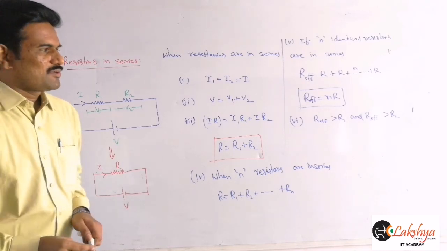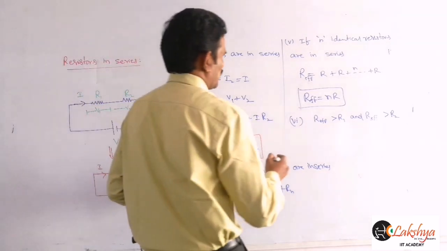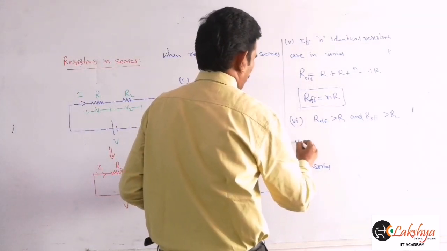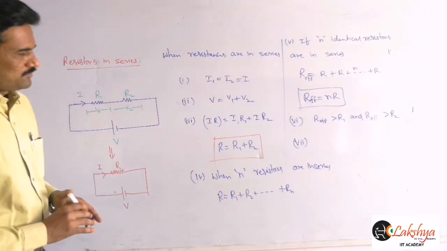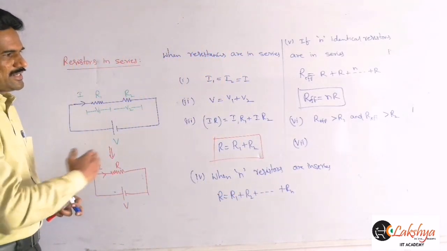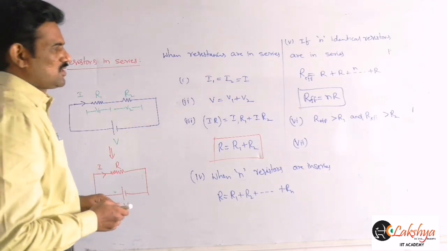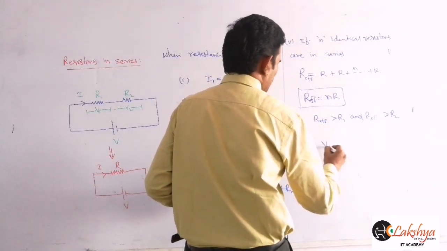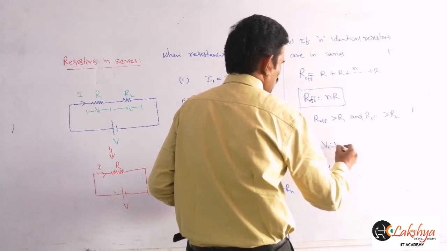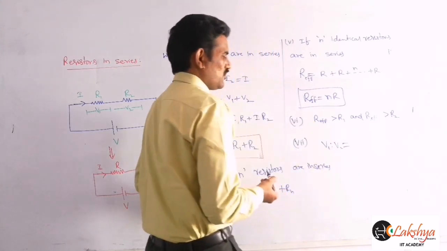And the next thing we can mention is the potential difference ratio here. If two resistors are joined in series, then for two resistors we can write the ratio of these potential differences, that means V1 is to V2, or you can extend also if you want.